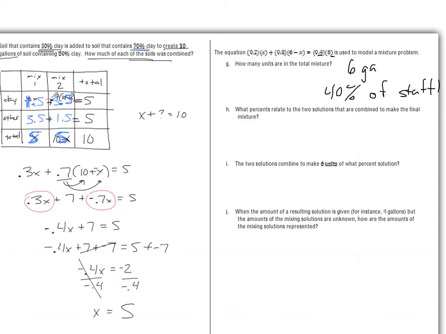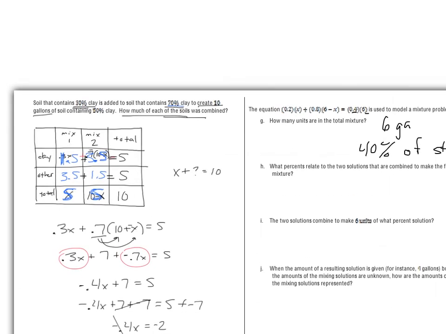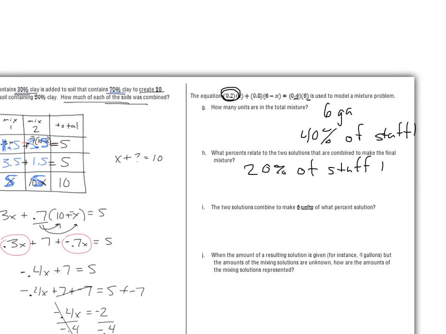So what percent relate to the two solutions that are combined? So we can see over here, here we have our 0.2, so that means 20% of stuff 1 and mix 1.